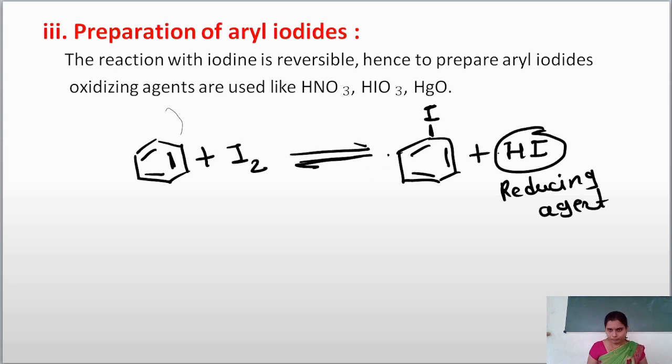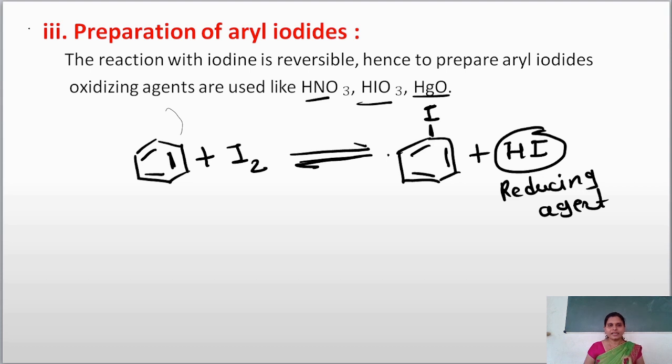So why do we use HNO3, HIO3 or HgO here as an oxidizing agent? To remove the effect of this reducing agent and to carry out the reaction in the forward direction. So here we completed the electrophilic substitution.